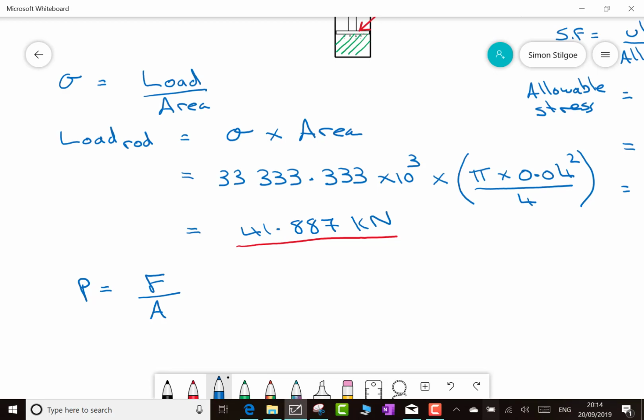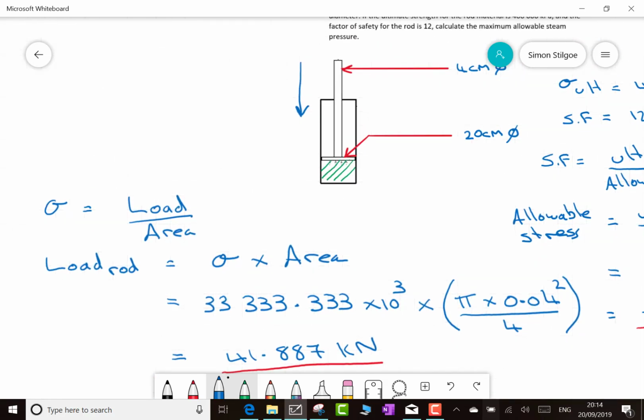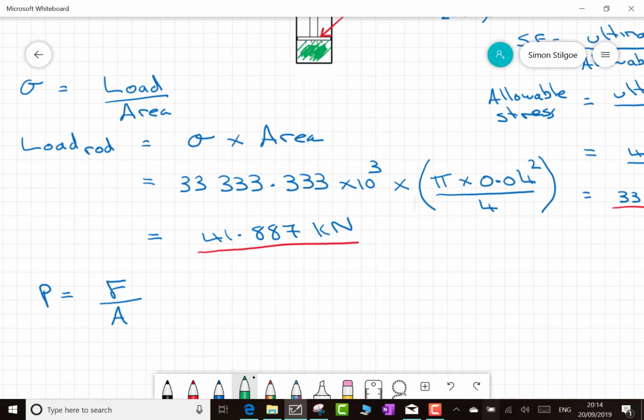The force I just found was this load of 41.887 kilonewtons. The area, however, is going to be the area of my piston, because in the diagram I am looking at this section under here where the steam pressure is going to be. That steam pressure is acting on the area of the piston, not the piston rod. So let's make sure we use the right area here.